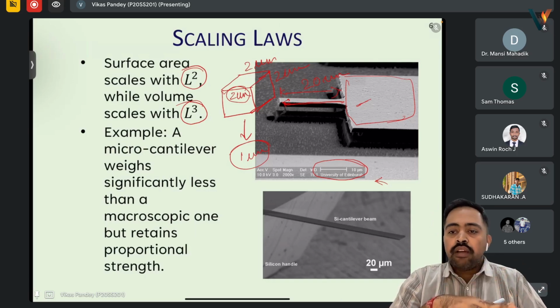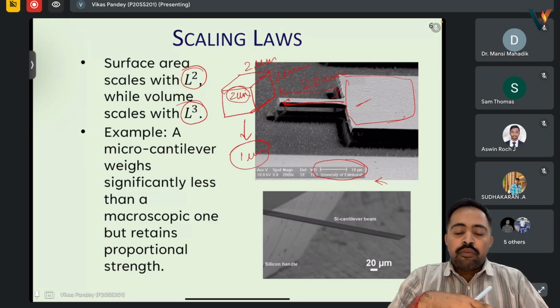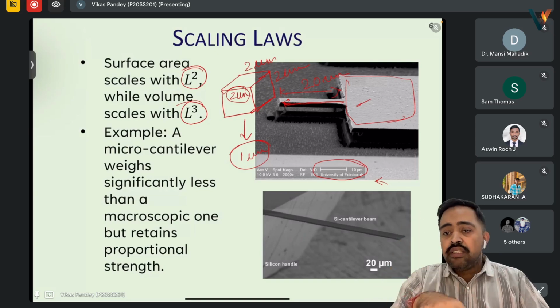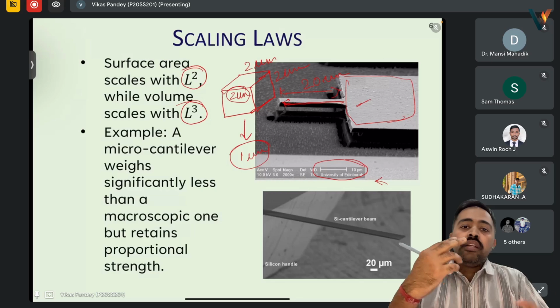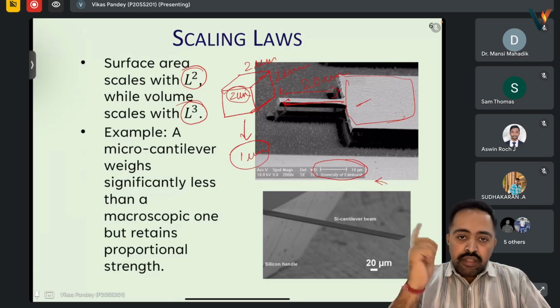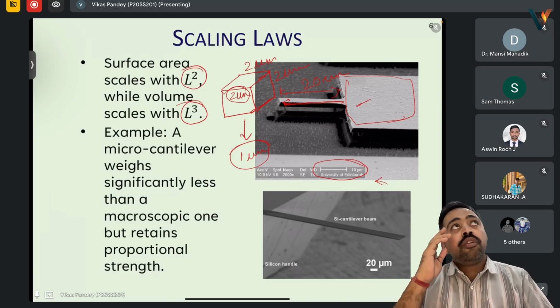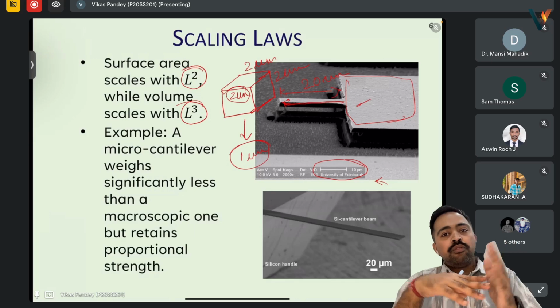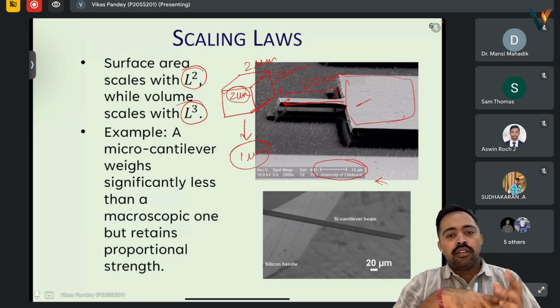It will not have the problem of getting disturbed, it will not break easily, just like if we see in a macro scale or a big building. If such a structure is made, everyone will see that it will fall soon.